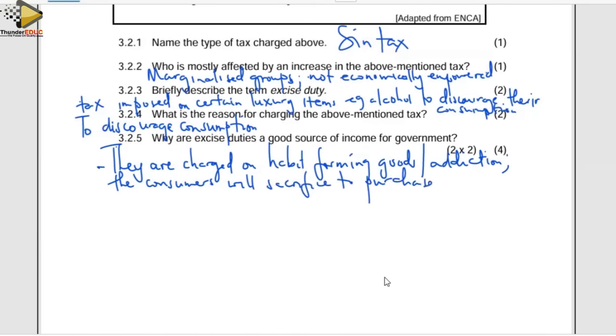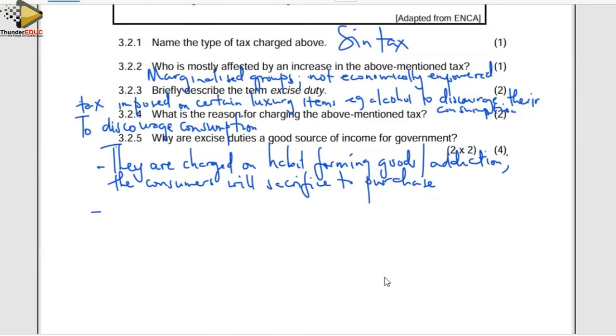So it's a good source of revenue because we know well that even if the price is high and we charge a higher tax, the consumers will still sacrifice to buy them. Hence, we are guaranteed that the government is going to get revenue. Also, because of them being addictive and habit forming, relating to the concept of elasticity, even if the price goes up, the quantity will reduce by a small margin.